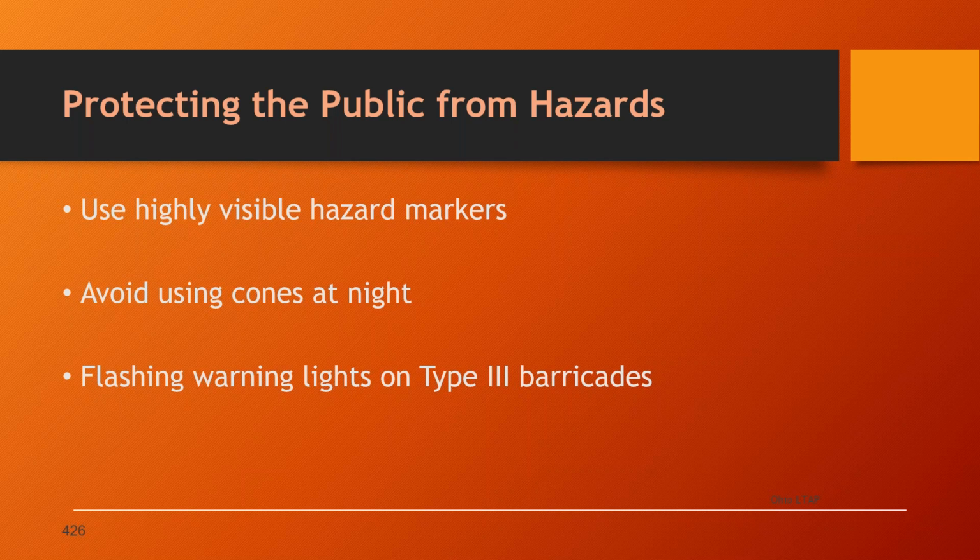So we got to protect those people as well so they don't drive into something. So in those instances, we use highly visible hazard markers. And if it's long term, we shouldn't just use cones in front of the hazards. We should use the drums and barricades and install flashing warning lights on the Type 3 barricades.